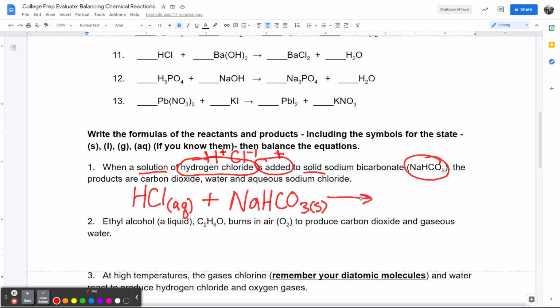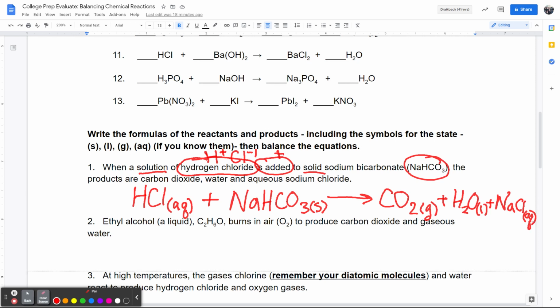And it says the products are, so to produce carbon dioxide, we know carbon dioxide is 1 carbon, di is 2, so 2 oxygens, and we know carbon dioxide is a gas. Water, we know is H2O, and it's a liquid. And aqueous sodium chloride, so NaCl, and that's aqueous. Okay. And then the next thing that we need to do is balance it.